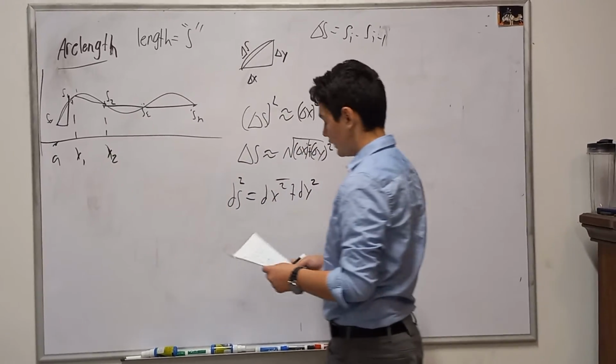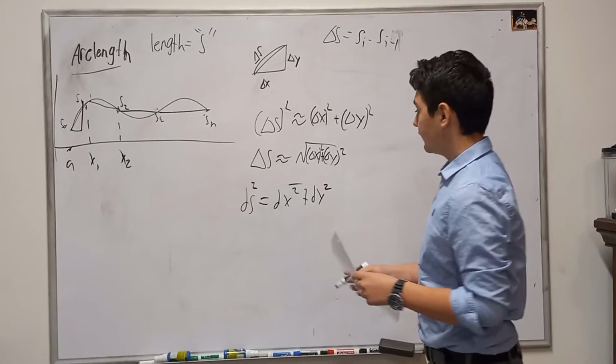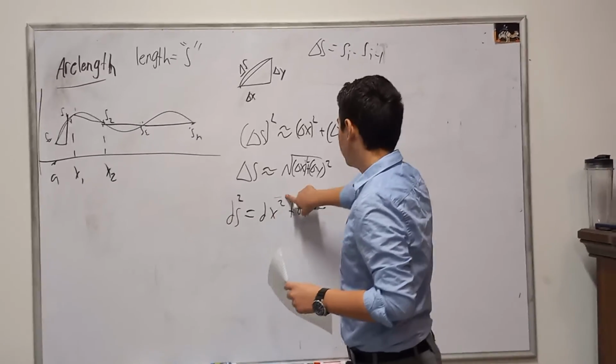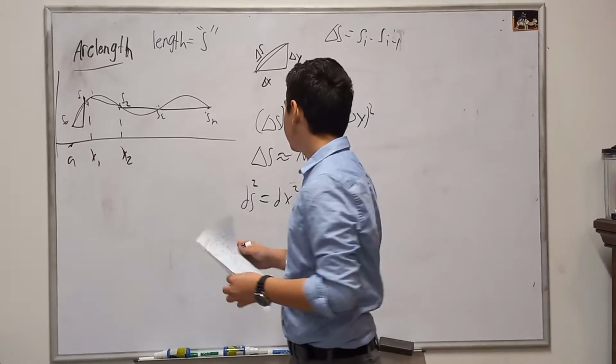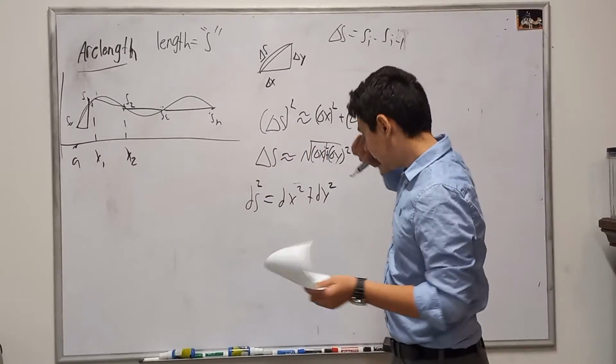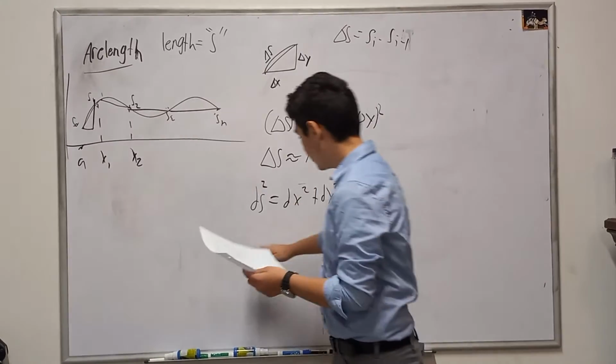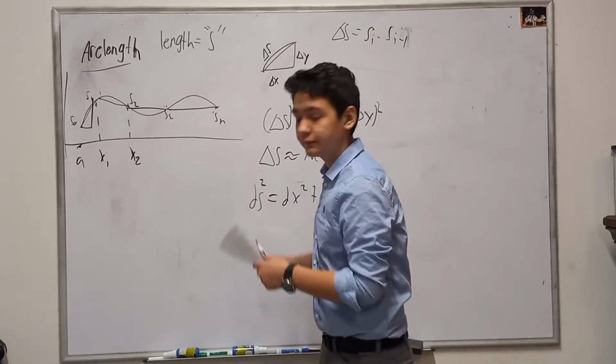Now, ds, dx, and dy are each one thing. It's not d of s squared, it's just ds squared, the infinitesimal length squared.